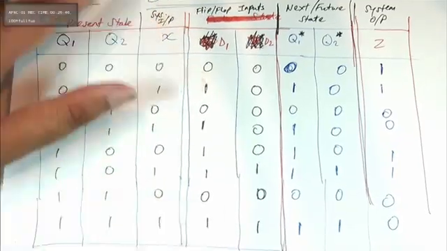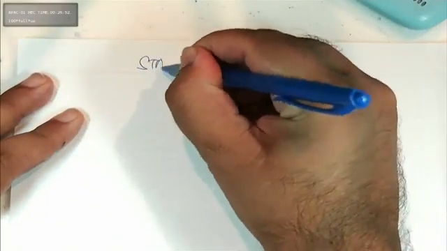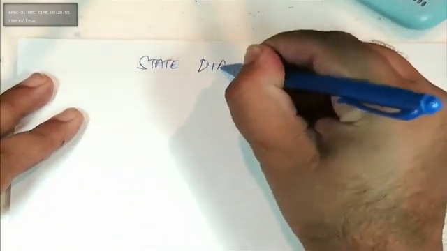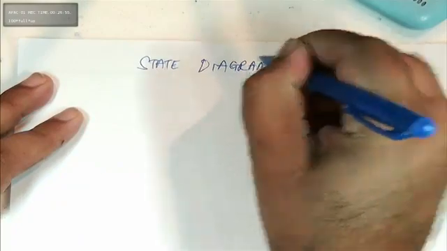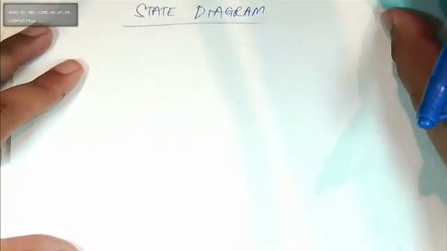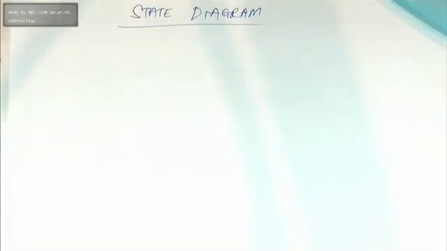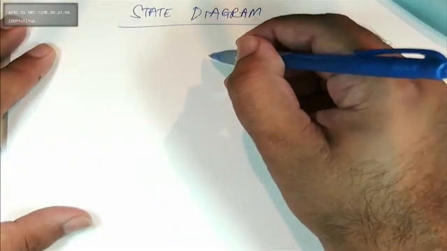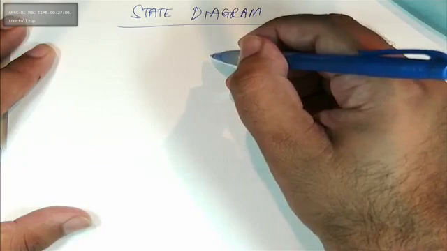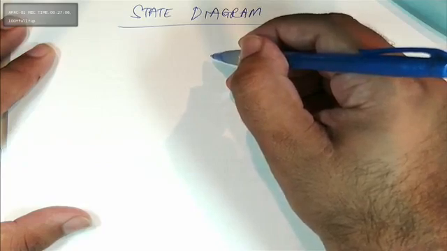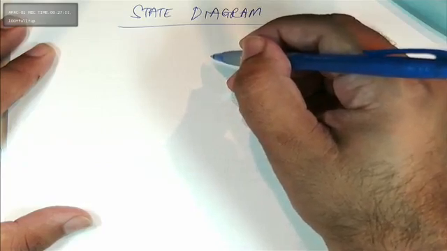Keep this there, I'm going to move it to the side. I hope you've done it. The last part is to draw the state diagram. Now, the state diagram will look like this, guys. There's two flip-flops. So, for two flip-flops, how many possible states can there be? 0, 0, 0, 1, 1, 0, and 1, 1.